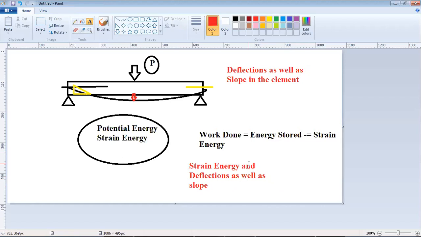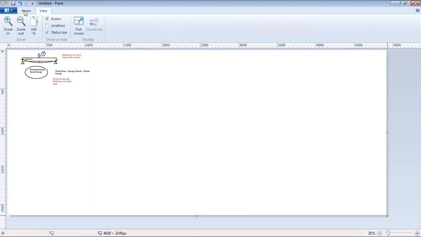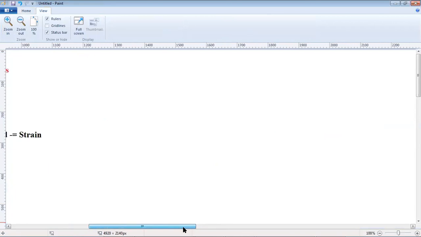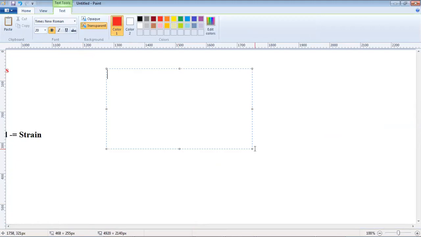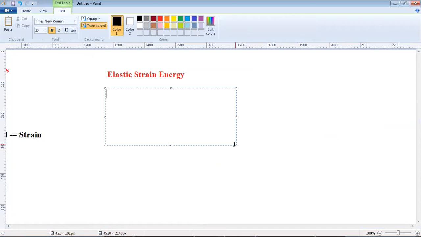So first thing, what we need to determine is the elastic strain energy. How do we determine the strain energy? So the first term that we have to discuss is the elastic strain energy. Now what is elastic strain energy? Whenever we apply the load, we have the strain developing in the system.